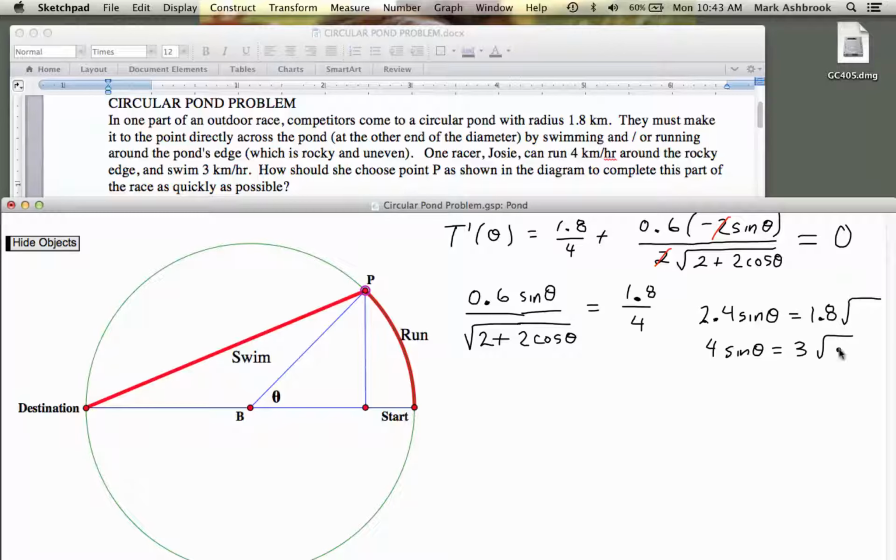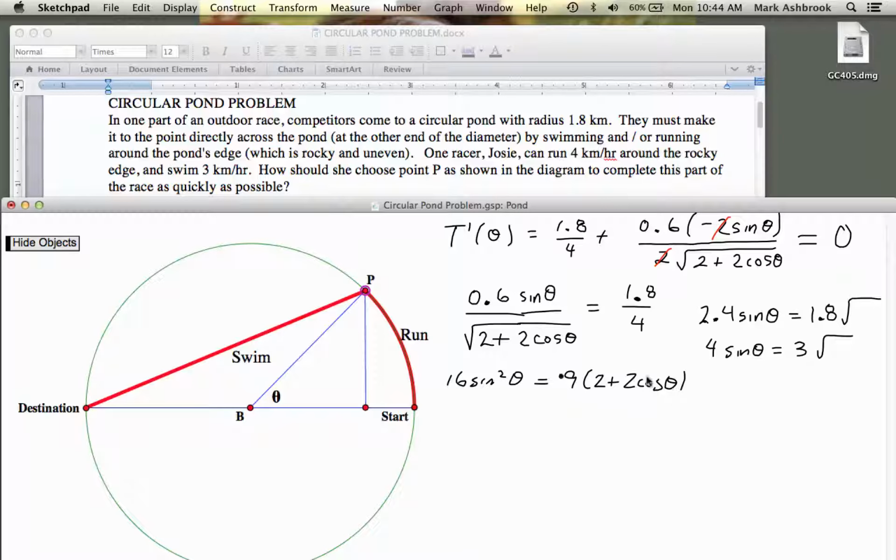Okay, so now I want to get rid of this square root. I'm going to square both sides. So I'm going to have 16 sine squared theta equals 9 times 2 plus 2 cosine theta. Squaring that square root just gives what's underneath. Okay, so now I've got a quadratic of sine here.